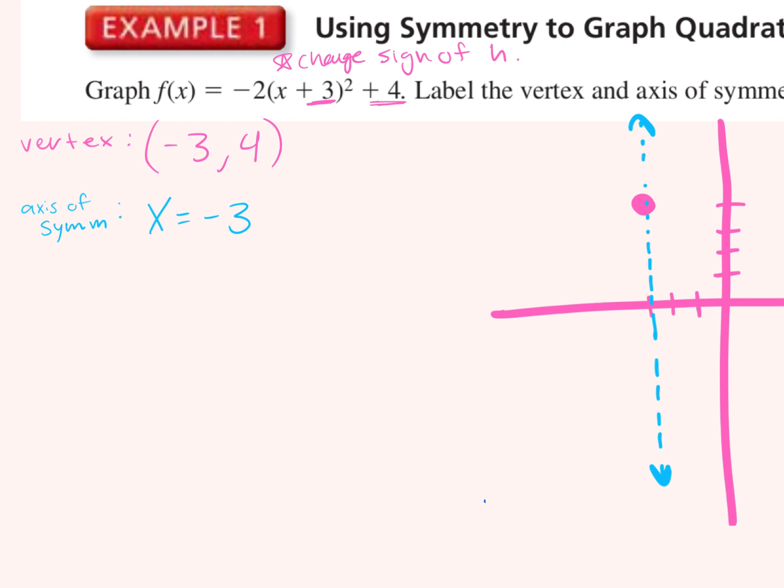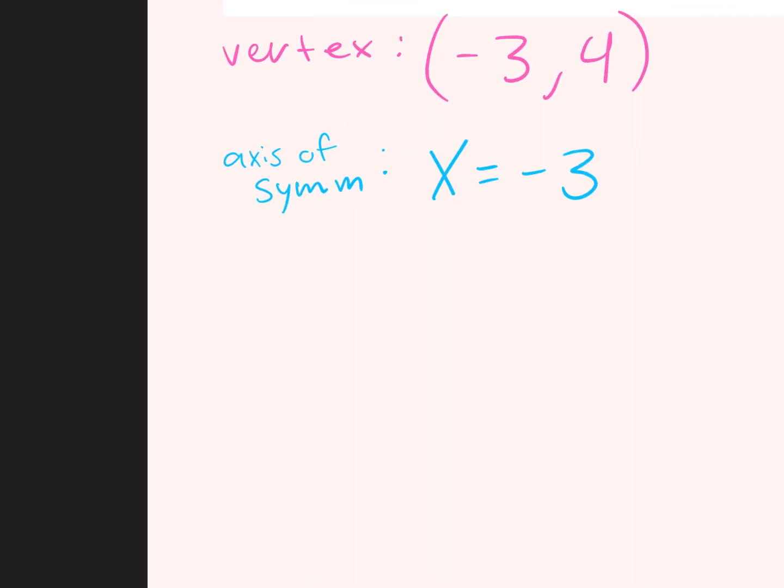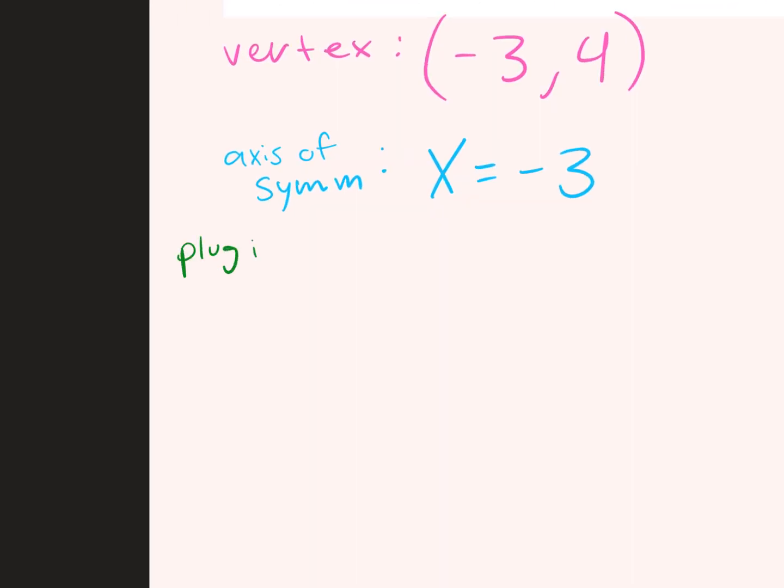So to find other points on our graph to figure out what shape our parabola has, the next thing we want to do is plug in a number that's close to the axis of symmetry into x to find values for y. So I'm going to write that down. We want to plug in a number for x to find y for additional points.